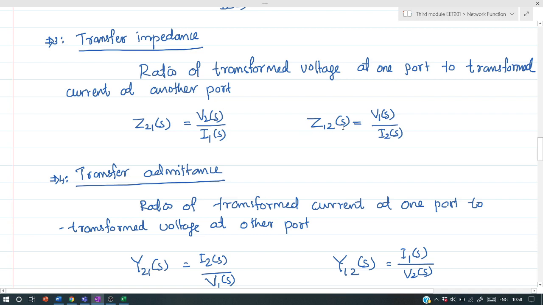Similarly, Z12(s) is the ratio of transformed voltage at the first port to transformed current at the second port. In a similar way, transfer admittance is the ratio of transformed current at one port to transformed voltage at the other port. Y21(s) is equal to I2(s) divided by V1(s), and similarly Y12(s) is equal to I1(s) divided by V2(s).